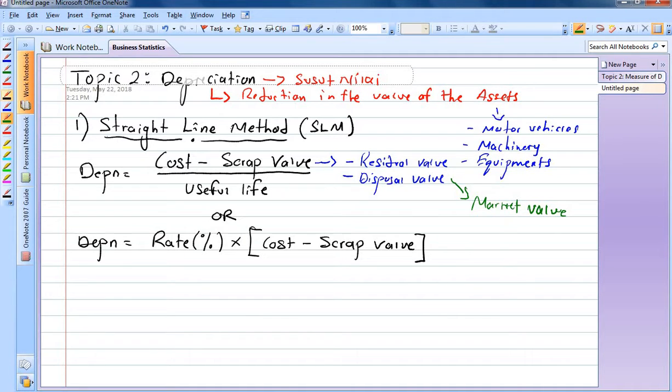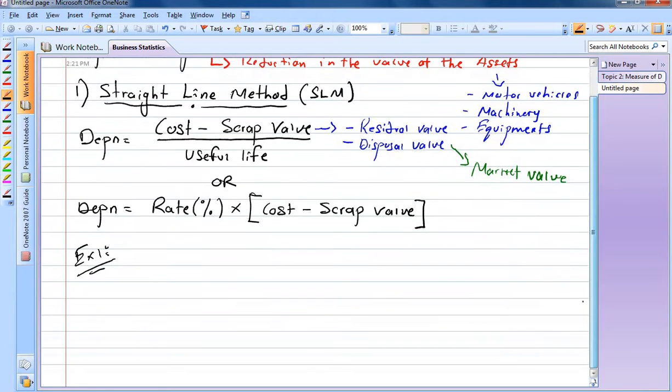Okay, let's try one simple example here. Motor vehicle cost 50,000.